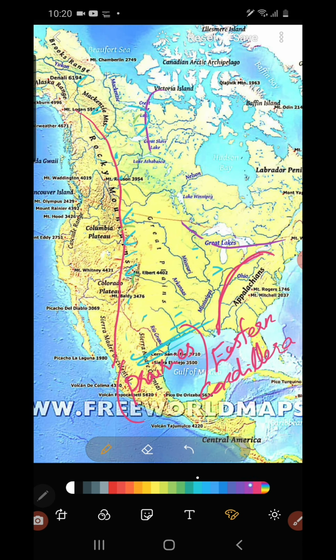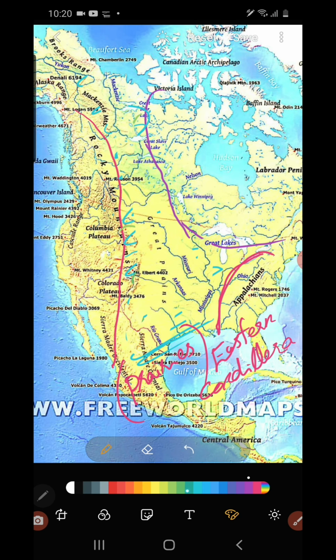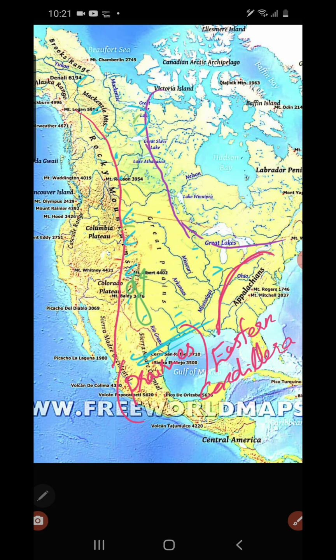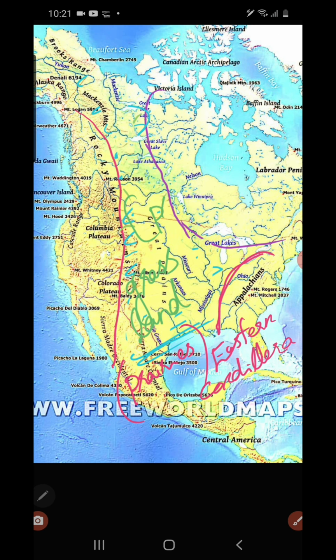Prairies. Prairies mean the region in which only grass grows, so this is called grassland. In the middle there lies grassland, and the name of this grassland is prairies.